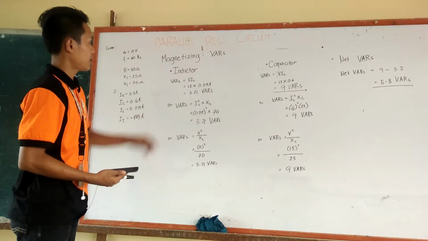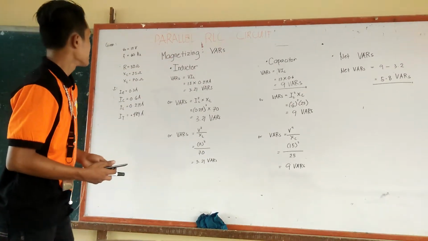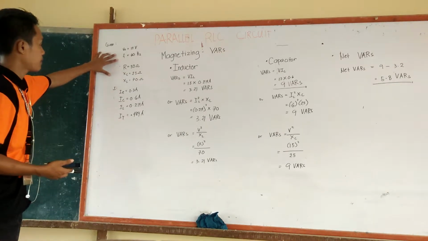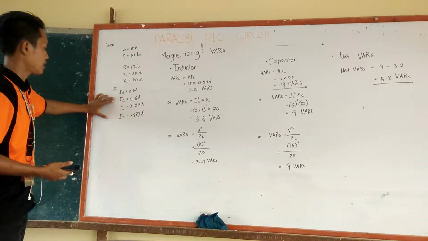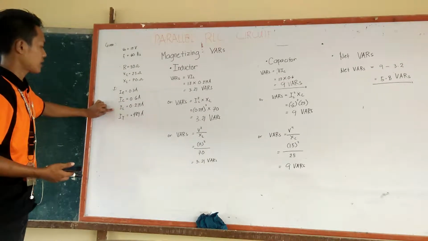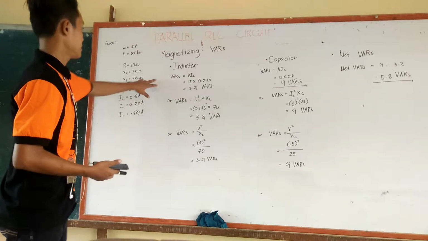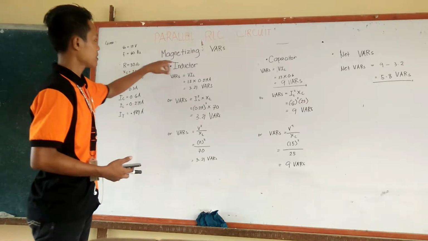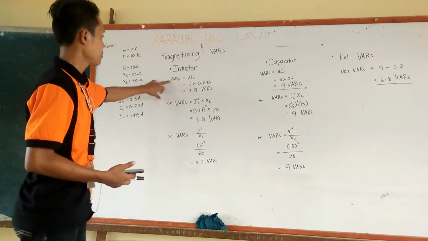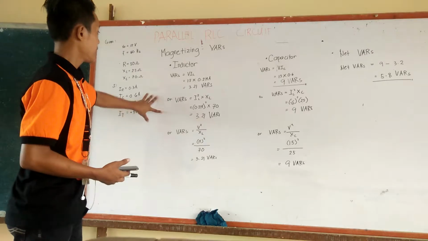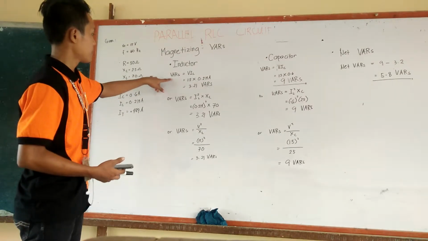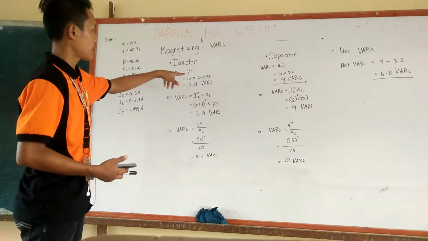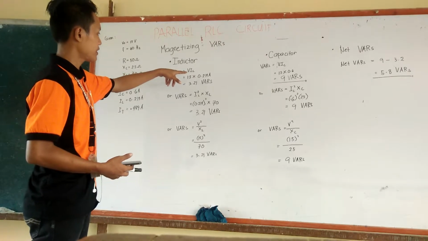So now we're talking about magnetizing bars. These are the givens from our previous circuit, and these are the answers that we calculated using Ohm's law and other laws. The magnetizing bars required from the inductor can be solved through these three formulas. One is bars equals voltage times the current in the inductor.